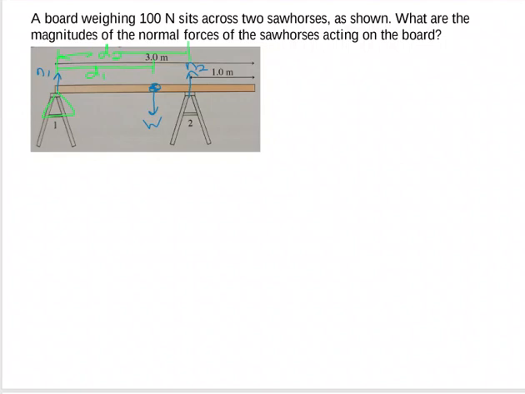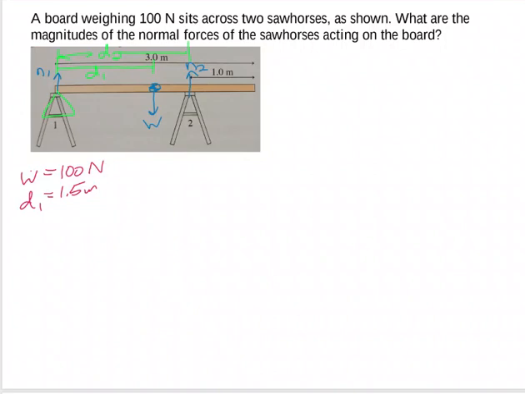Now we can start writing down the inventory of what we have. We have the weight. It says it weighs, that's not kilograms, that's newtons, so 100 newtons. Then we have D1. What is D1? 1.5 meters, because the beam is 3 meters.